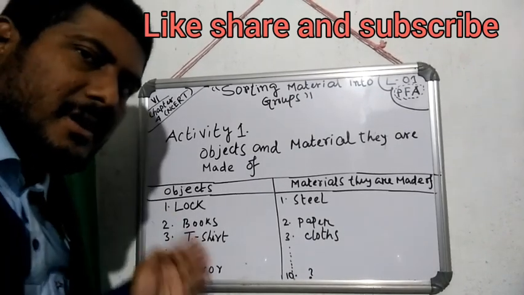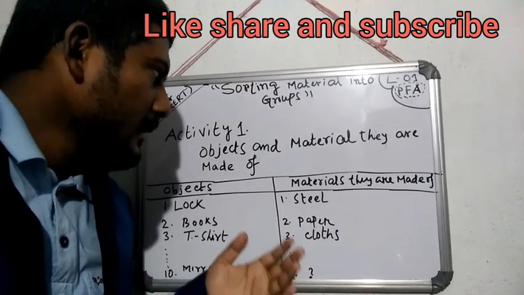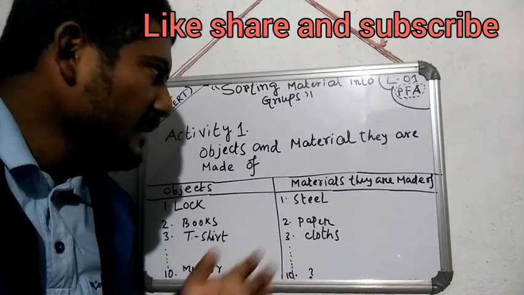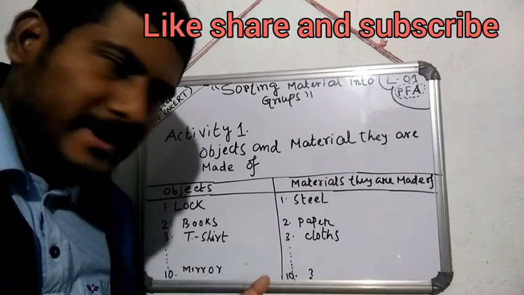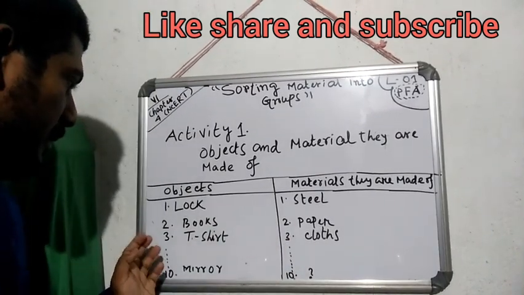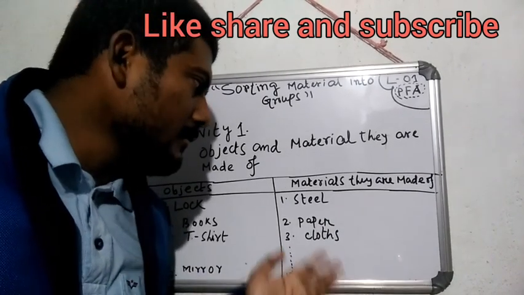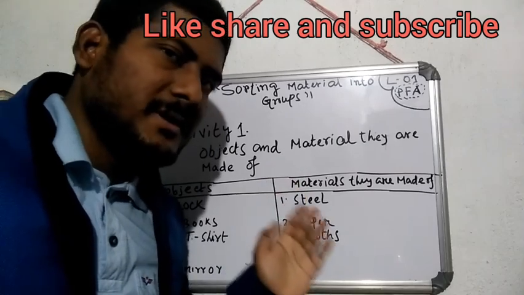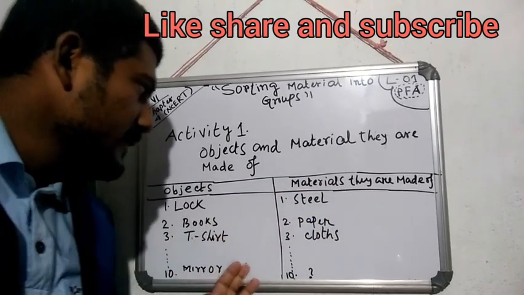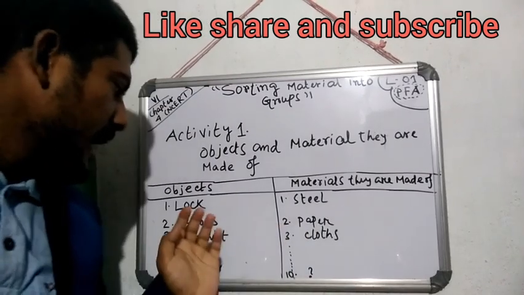For example, I have written some of these like this. First of all, if you consider lock, then what is the material which makes a lock? Obviously this is steel. Similarly, if you consider books, then it is obvious that a book is made of paper. And if you consider t-shirt, then this is made of cloth.